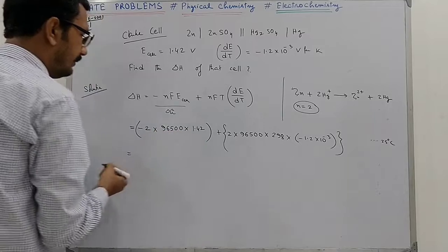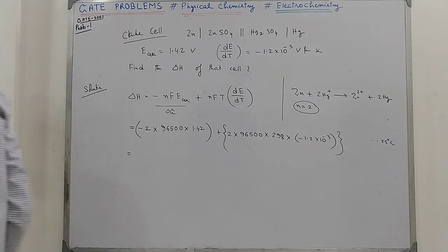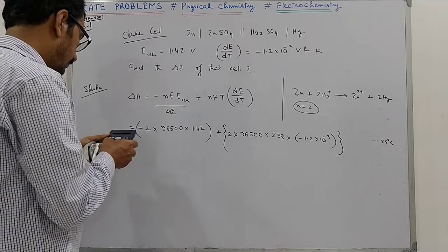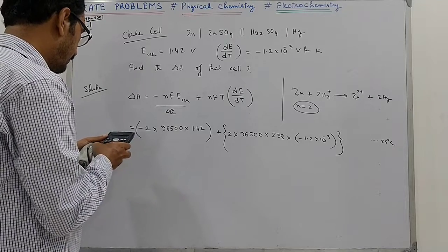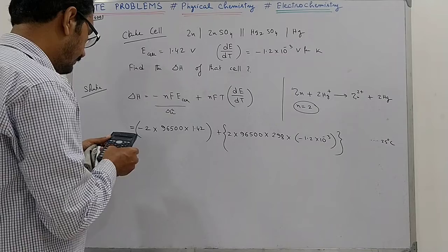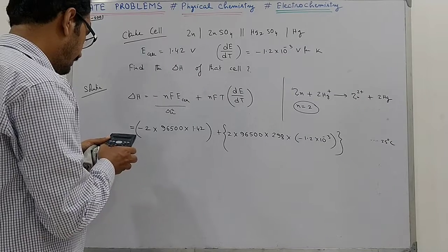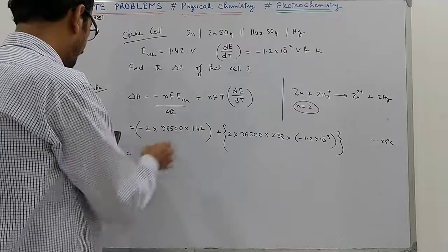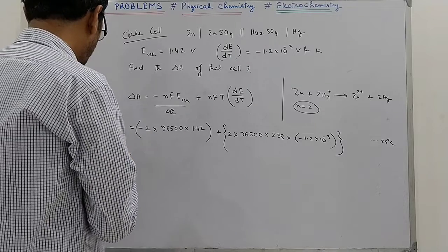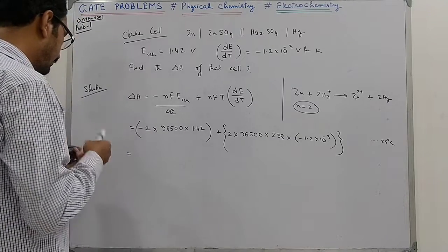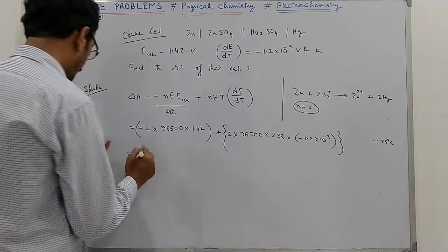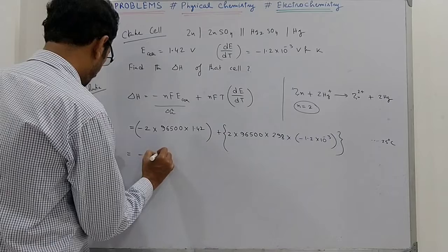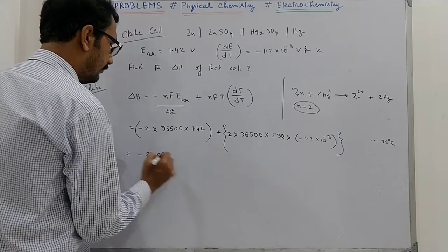So let us multiply this value. For this you obviously need a calculator. So 96500 into 2 into 1.42 equals 274060.